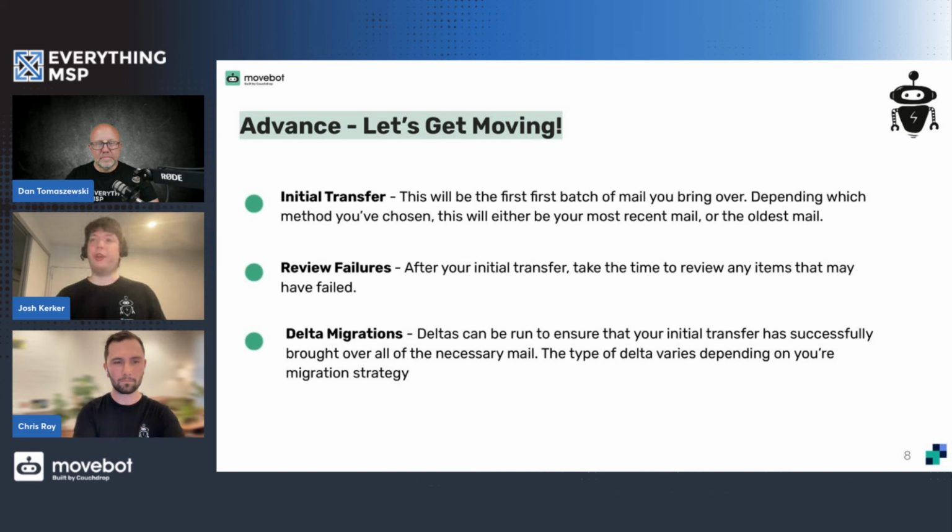Then you'll want to review your failures, see if anything has gone wrong, and then do a delta of what you've just run, so the historical data or the recent data.